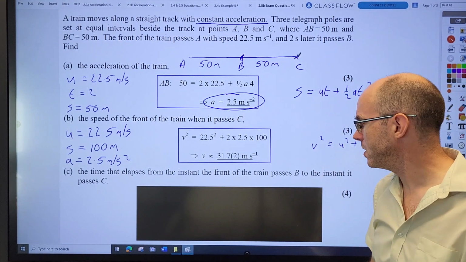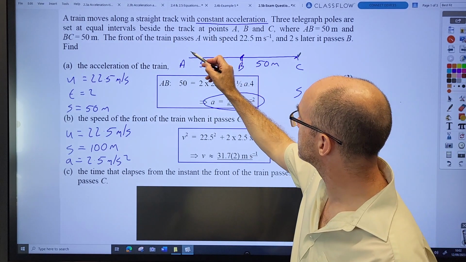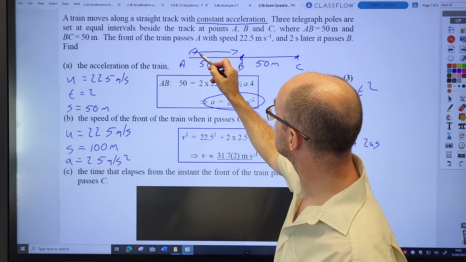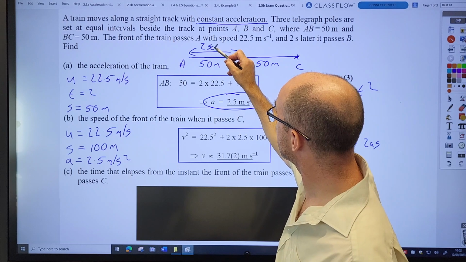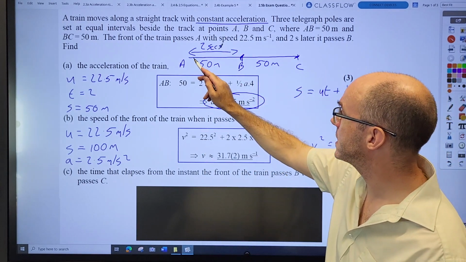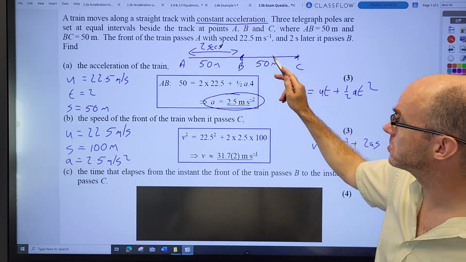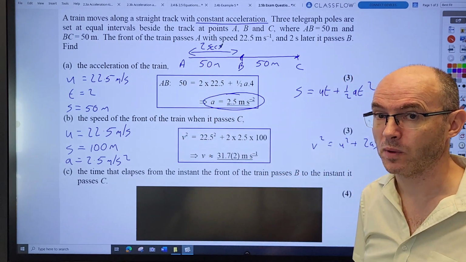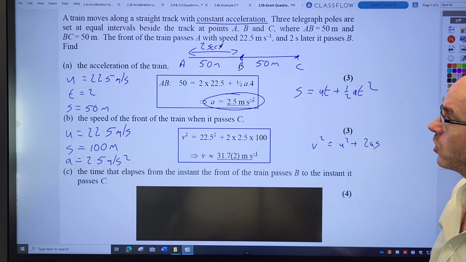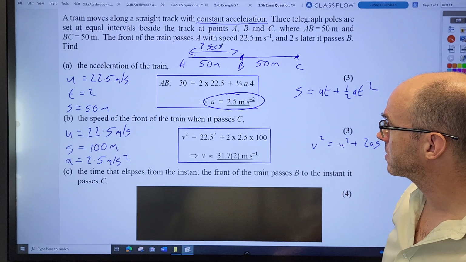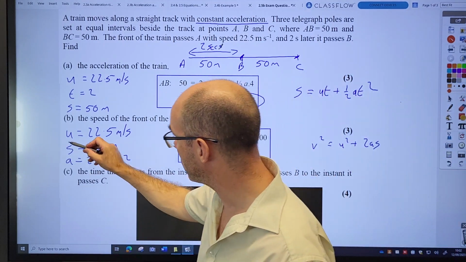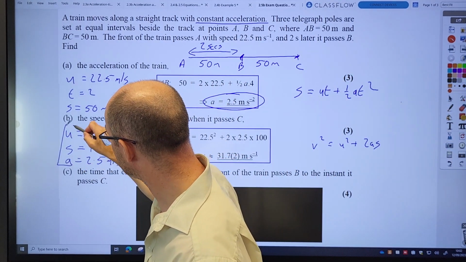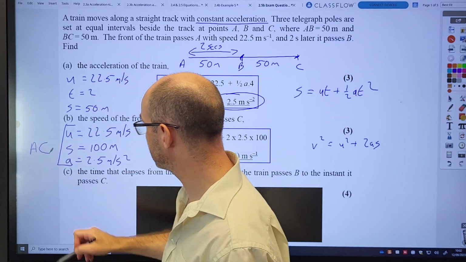Yes, you do, but you know that this bit here takes 2 seconds. So if you can work out the time taken from A to C, you can then just subtract the 2 seconds and do it that way. It's kind of easier because we've got a lot more information about A to C because I've just written it all here. But all of this bit here, that is from A to C.